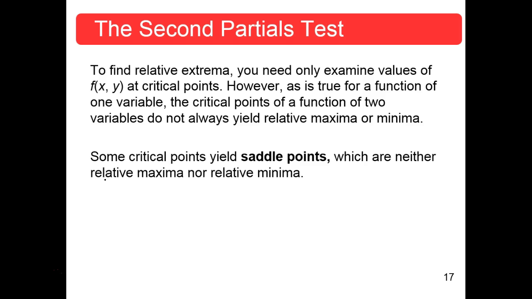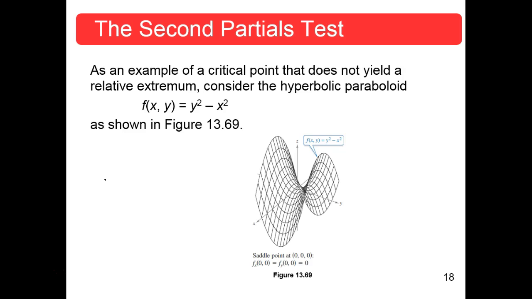Well, here's what I just read: neither relative maximum or relative minimum. And here's a picture of one. As an example of a critical point that does not yield a relative extremum, consider the hyperbolic paraboloid shown here.